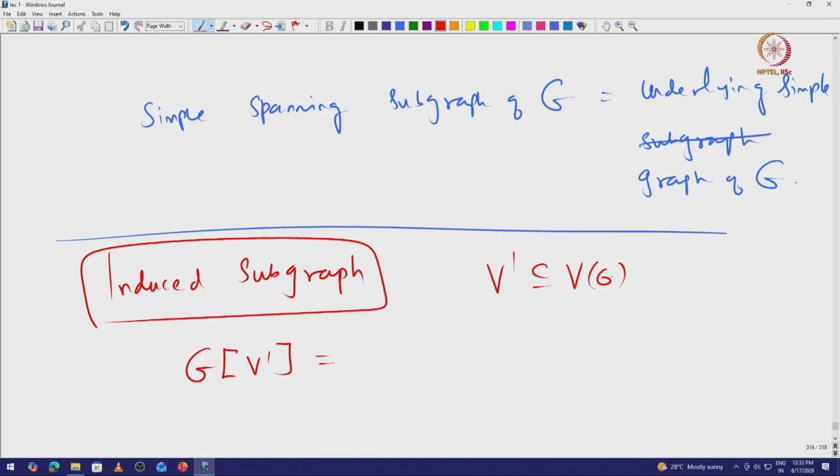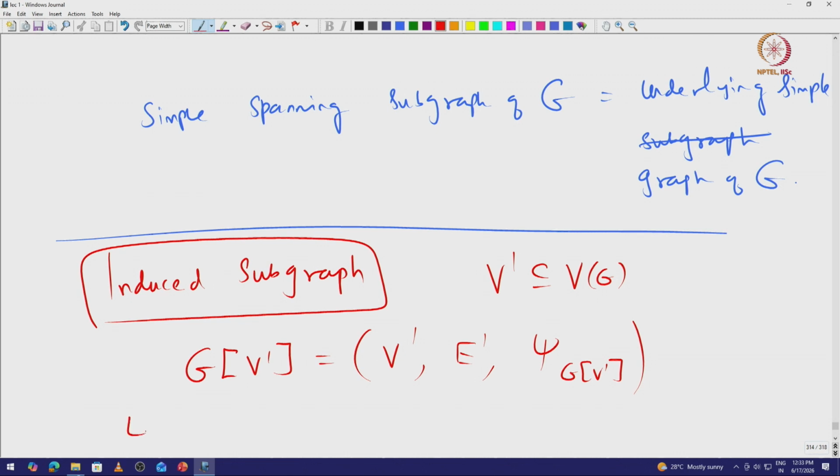So, G bracket V dash consists of V dash, that is the vertex set, and then the edge set E dash, and xi of G bracket V dash, which is the restriction function. So, what is this E dash?